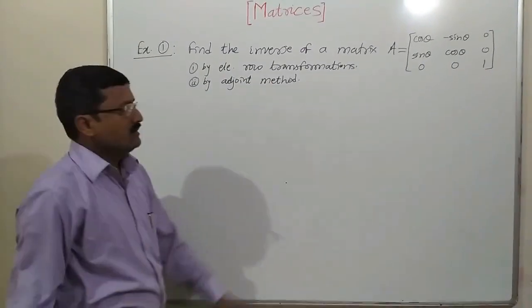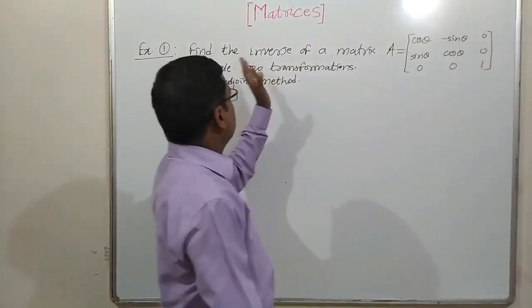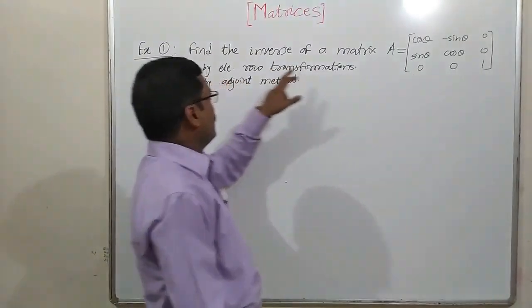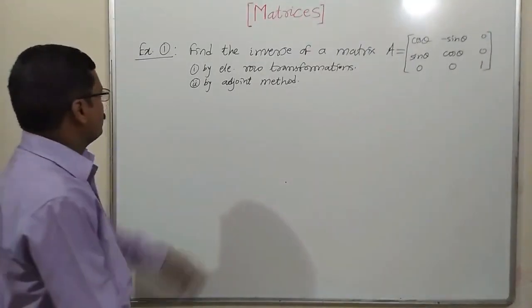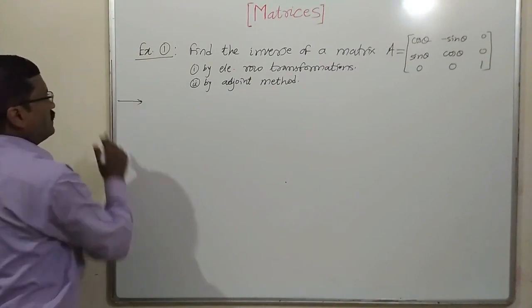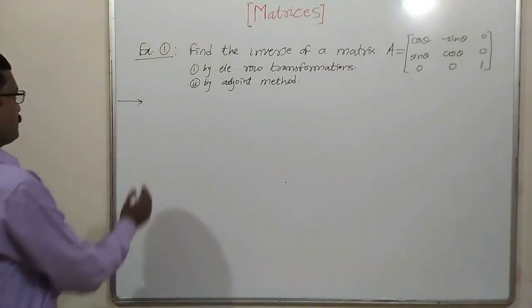Means here we will solve the same, we will find the inverse of matrix A by elementary transformation and by adjoint method also. Let us start with elementary row transformations.